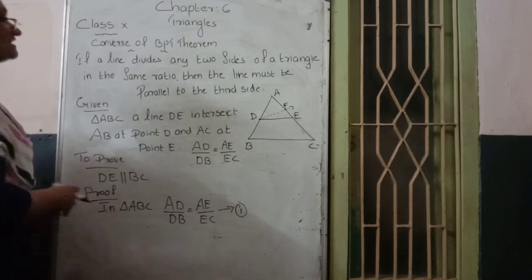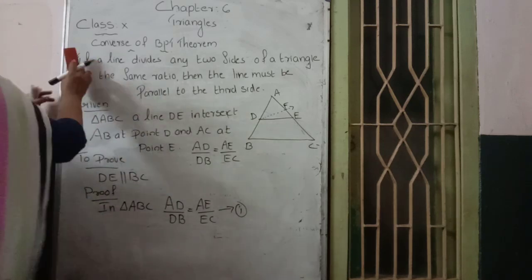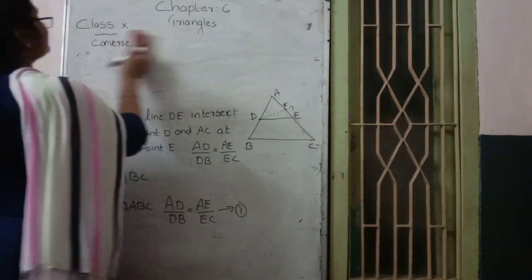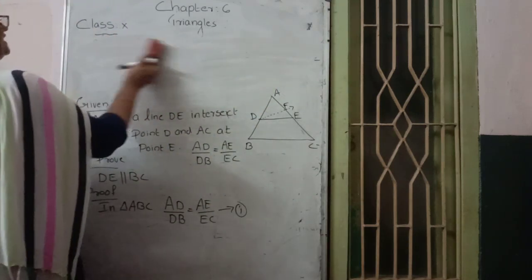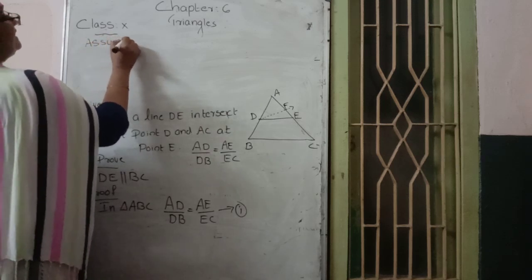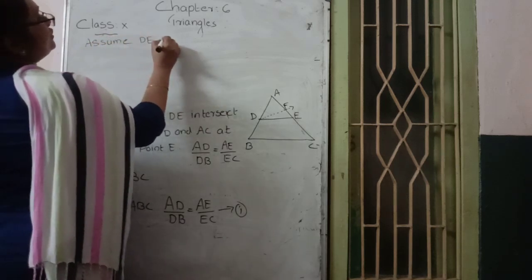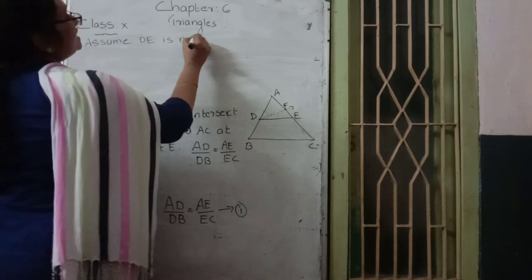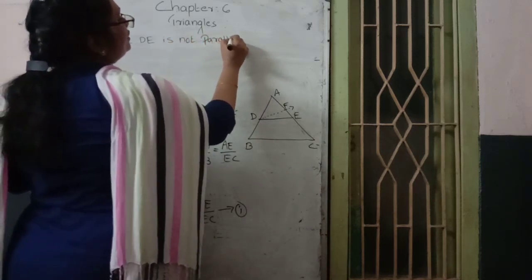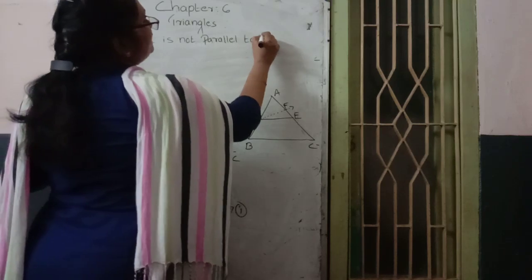So next we write: assume DE is not parallel to the BC side.